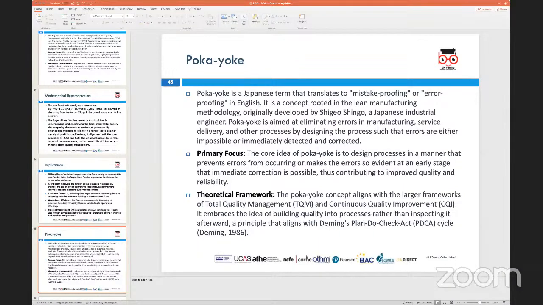And if they are not corrected or not monitored due to human intervention, this could lead to production of goods which could essentially be having defects, and those defects could then be costly to rectify for the company in the future. So the primary focus here is on process design in this particular method.